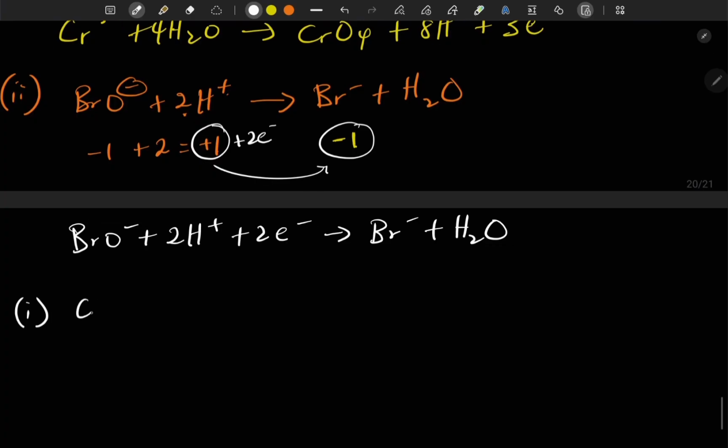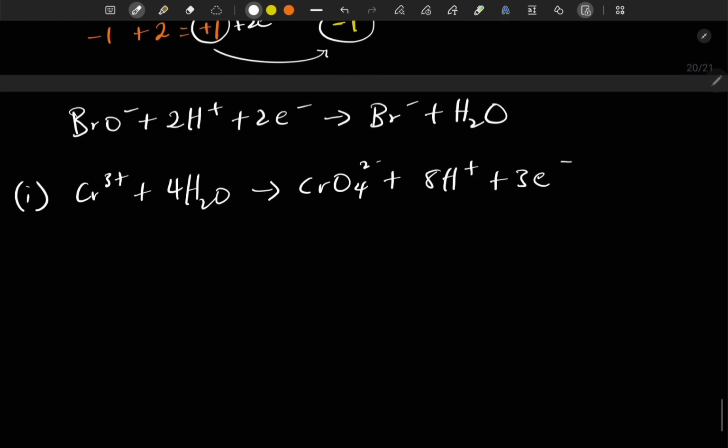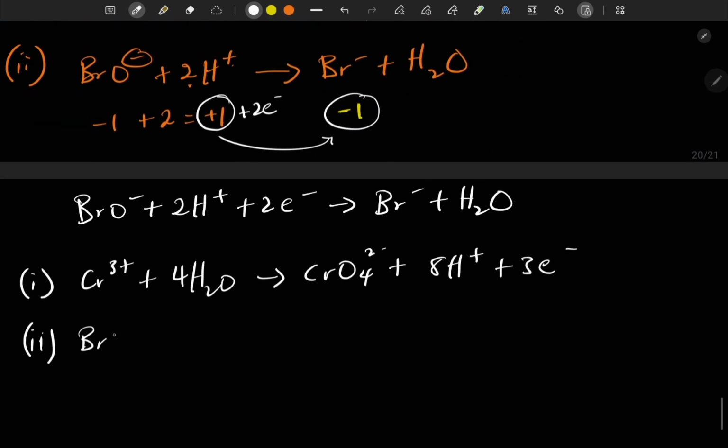Equation 1: Cr3+ + 4H2O gives CrO4 2- + 8H+ + 3e-, and equation 2: BrO- + 2H+ gives Br- + H2O.